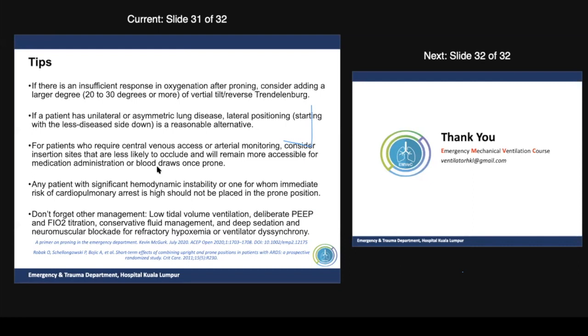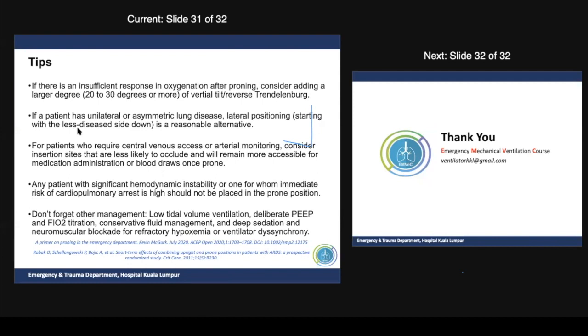Back elevation does not mean lifting only the head. Nurses must know that when the patient is prone, you hold the back, up and down, not just the head. The higher the degree, they observed oxygenation actually improved. But this is only from a small paper, though I think it can be implemented in our setting.